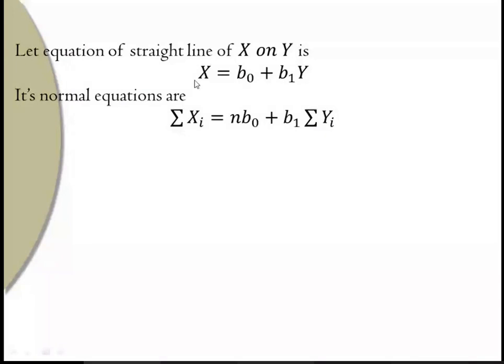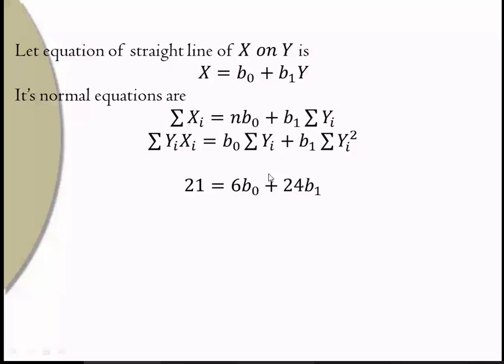Now, as x is here, multiply both sides by y and then again take summation. So if you multiply by y and take the summation, it will be summation yixi, b naught into summation y, b1 into summation y square. Use the tabular values, do the substitution. So if you use the tabular values, summation xi is 21, n is 6, b naught plus summation y is 24 into b1.